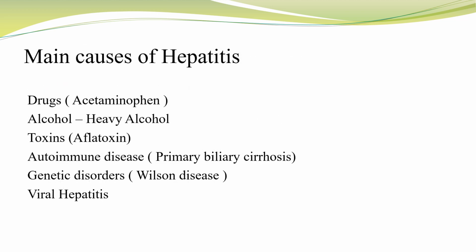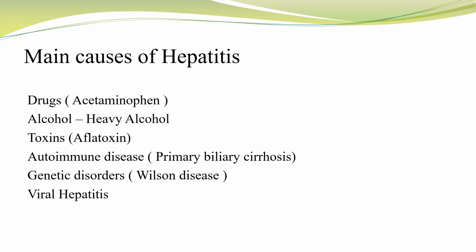Liver inflammation can be caused by drugs, different kinds of drugs. One of the most common of those is acetaminophen, Tylenol. Also, it can be caused by alcohol. The person should be a heavy alcohol drinker to get hepatitis.